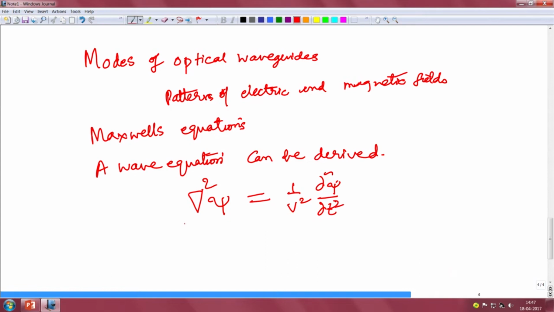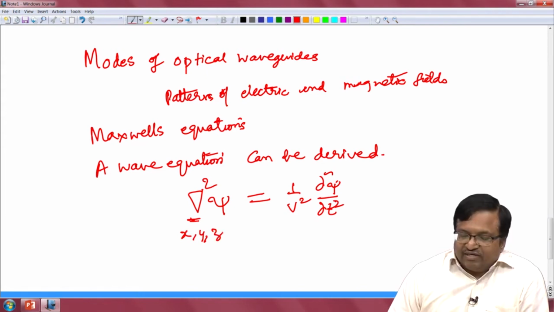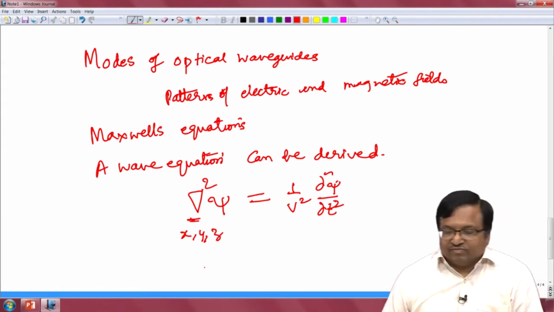So, this is called the time dependent form, and del square is the operator which contains the components x, y, z or in any other coordinate system that we choose.